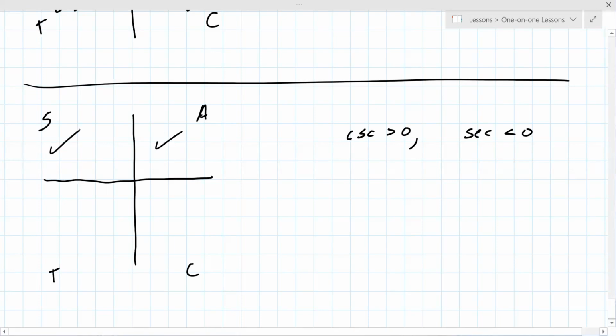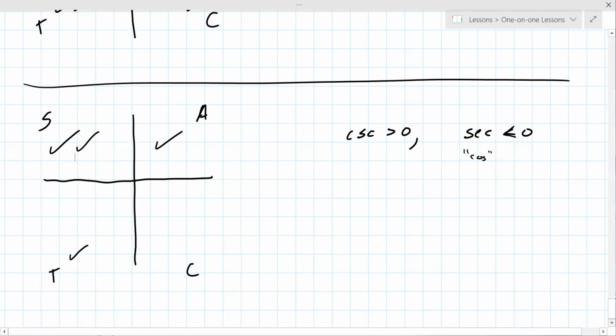Secant is really cosine, and it's negative, so third and second. Was I right? Yes. Okay, you have to get that really clear in order to do this, because some questions are asked based on that understanding.